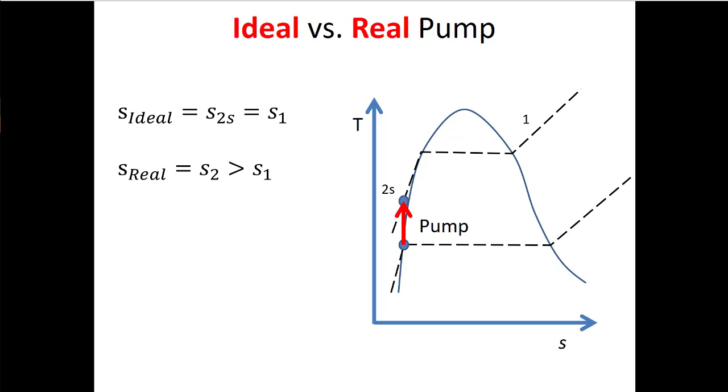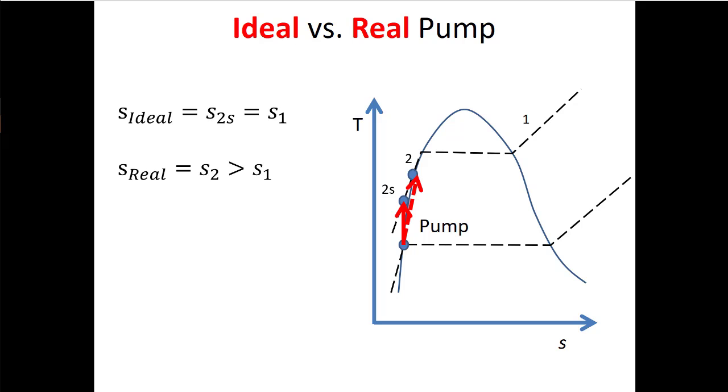The real version of the pump, the outlet again is going to scoot to the right, because the entropy increases. S2 is bigger than S1. And now we have a line that's going up, but slanted to the right, because the entropy generation rate is positive. So the entropy at the outlet is bigger than the entropy at the inlet.